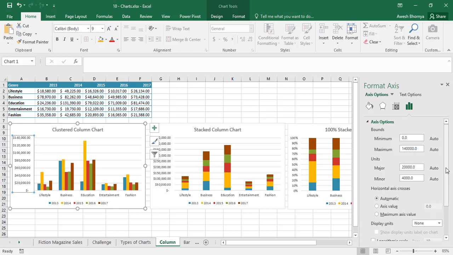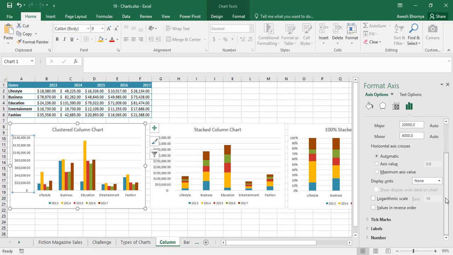In this particular pane, you can make changes to the minimum and maximum that you wish to. This is automated. Then the units are dependent on how your axis is being split. So there's a difference of $20,000, or a step of $20,000 every time you have a new value. Then there is a minor line. Now in this case, if you wish to change the units, you have the display units that are available.